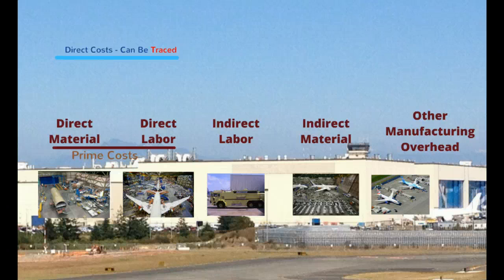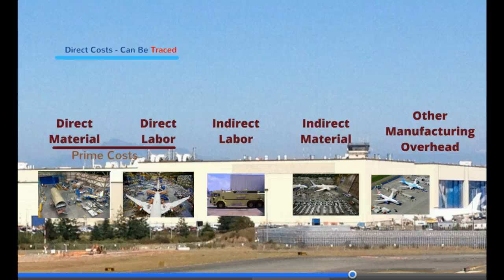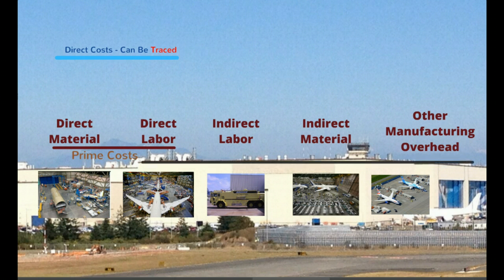All right. So we now have 3 kinds of indirect costs: indirect labor, indirect material, and other manufacturing overhead. And these are called conversion costs, along with direct labor. Let's look at this again. Direct labor and direct material. These are the direct costs which can be traced to individual examples of the product, to individual aircraft. But then we have labor, both direct and indirect. We have indirect material.